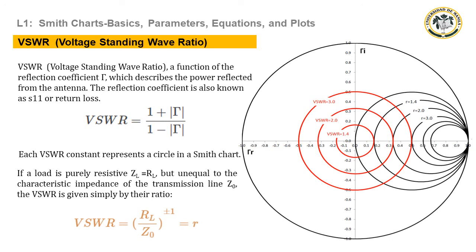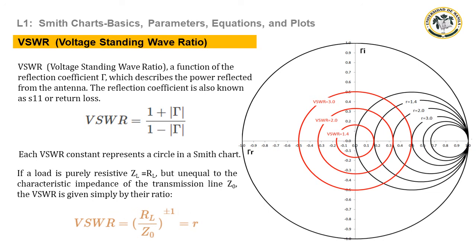Remember, if a load is purely resistive, that is, Z sub L is equal to R sub L, but unequal to the characteristic impedance of the transmission line, Z sub O, then the standing wave ratio is equal to our normalized resistance.